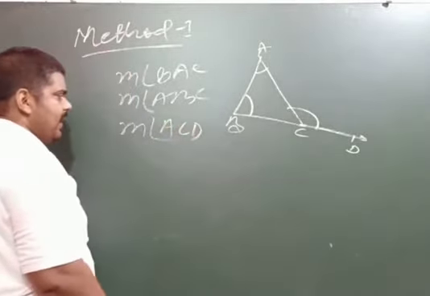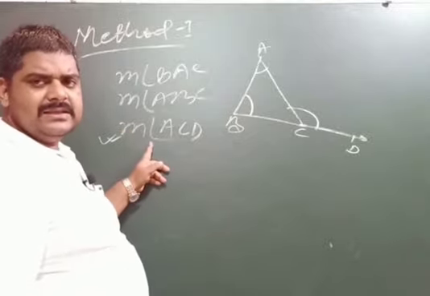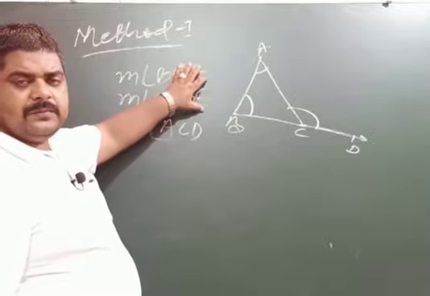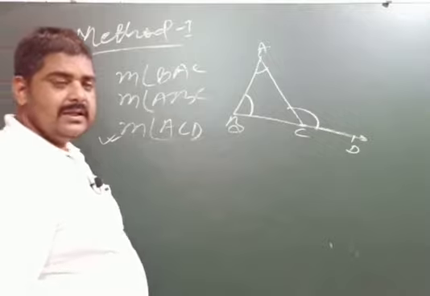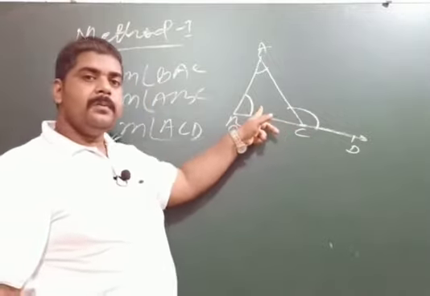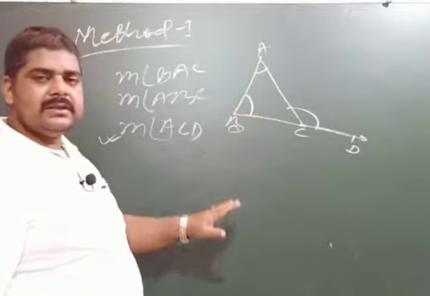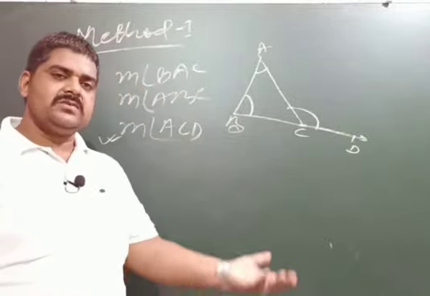You notice that the magnitude of angle ACD is equal to the sum of these two angles. This proves that the exterior angle is equal to the sum of the two interior opposite angles. This is the first method, using a protractor.